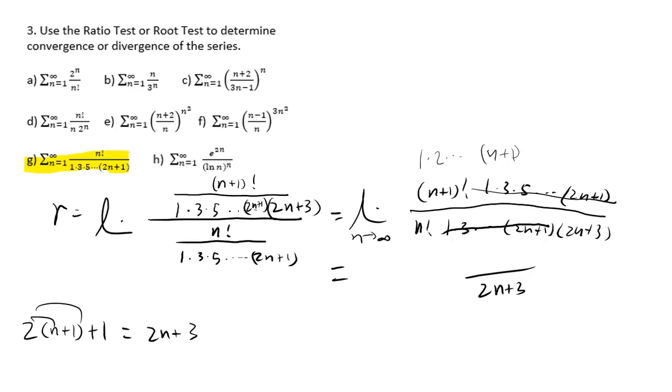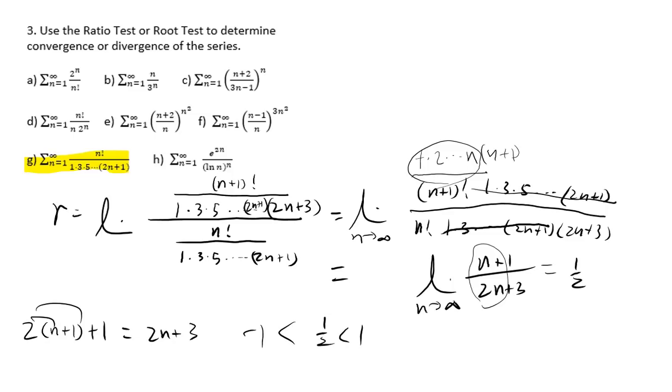And this is 1 until just n. So when you cancel these two, 1 through n will be canceled away, and you're going to be left with n plus 1 on the top. And since n plus 1 over 2n plus 3 has the limit n over 2n, or 1 half, and since 1 half is between 1 and negative 1, we know that it's convergent by ratio test.